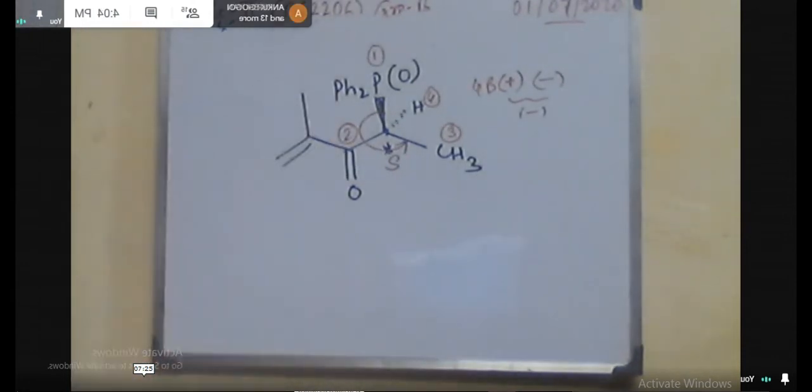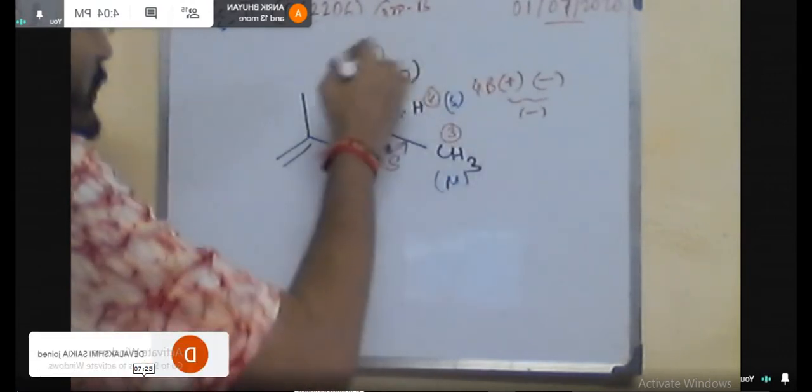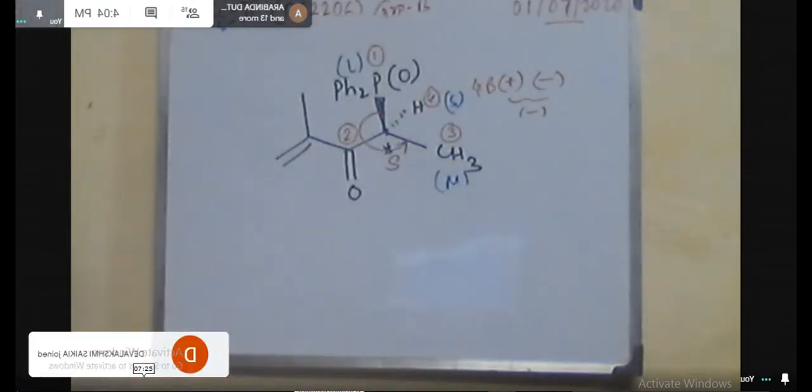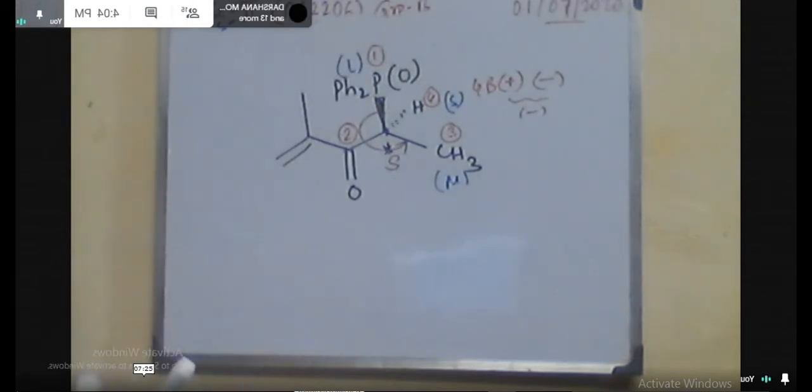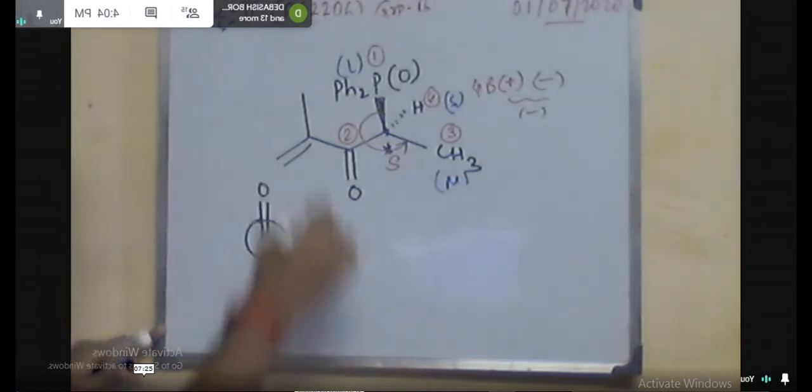So 2F minus, this is our convention, we know this. Now as it is S, the rotation of the rest of the 3 groups should be plus. So plus means clockwise fashion. So if it is the large group, this should be the medium and this should be the small, and here you can find the order.